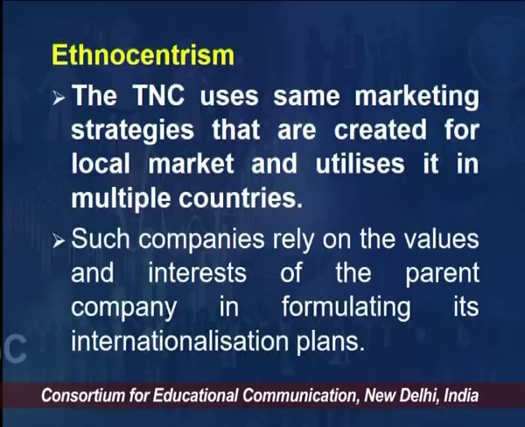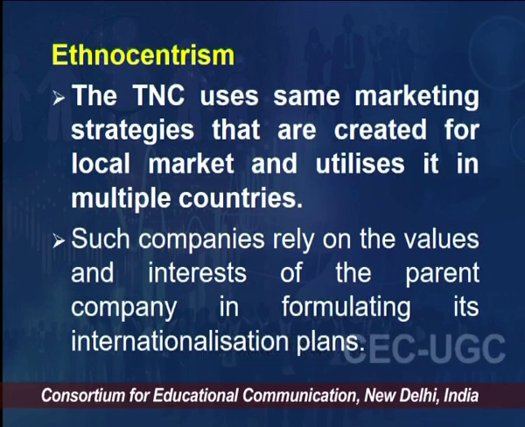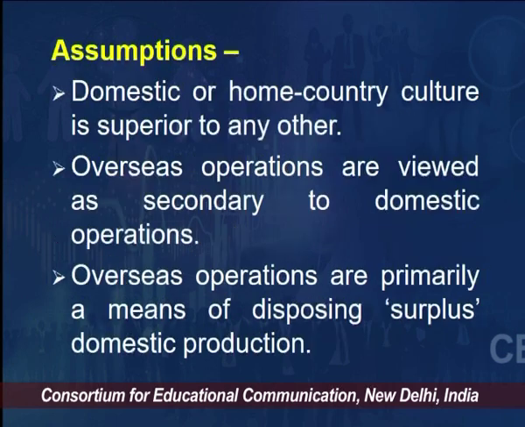When we talk about ethnocentrism, we said that it has home country orientation. The transnational corporation uses the same marketing strategies that are created for the local market in multiple countries. Such companies rely on the values and interests of the parent company in formulating their internationalization plans.